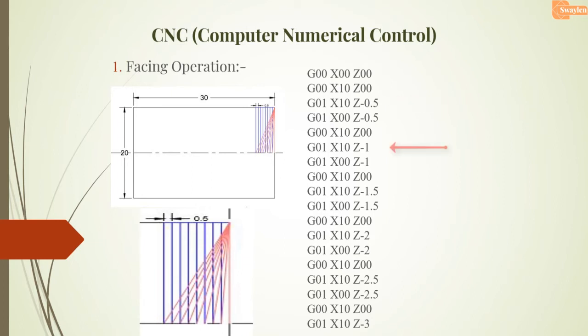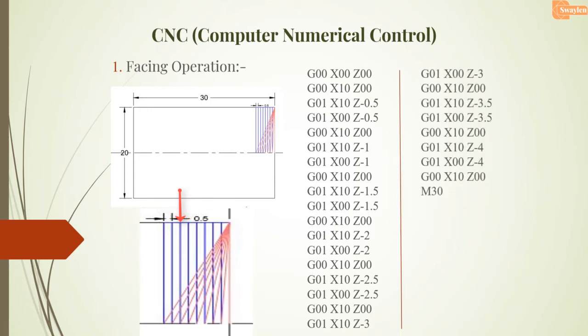First is 0.5, second is minus 1, next point is minus 1.5, another point is minus 2, again minus 2.5, minus 3, and the next program is 3.5, 4. Okay, so this is the steps of our program. And the last one is M30.